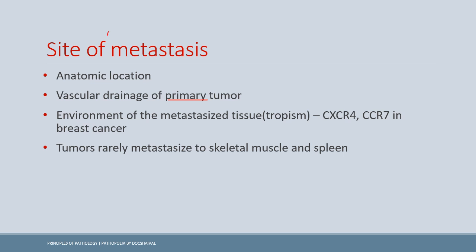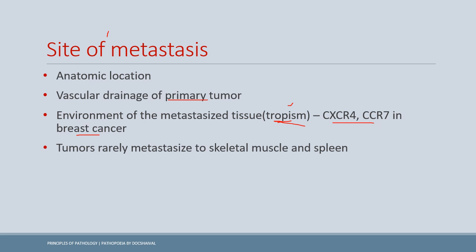Then we have the environment of the metastasized tissue, that is the tropism. This is called tropism, and the best example for this is breast cancer. Now, what is this tropism? Certain cells find it easier when they are present in some tissue environment which is favorable for their growth.